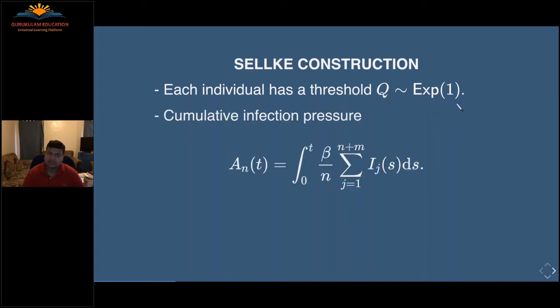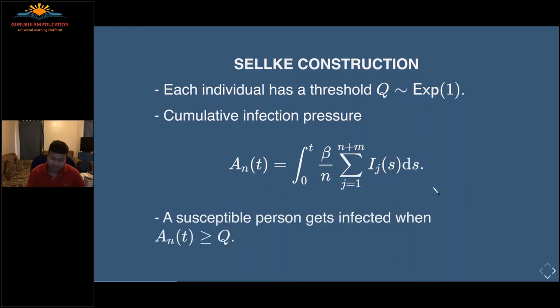And then we calculate the cumulative infection pressure, which is just the integral of, so remember, these are the indicators for individual infection, whether or not somebody was infected. So this is the cumulative infection pressure in the entire population. And then we say a susceptible person gets infected whenever the cumulative infection pressure exceeds his or her threshold. So that's the simplest possible description of the Sellke construction. You just say, okay, everybody has a threshold, and whenever the infection pressure exceeds my threshold, I get infected.